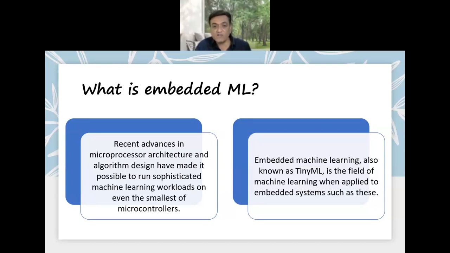Basically, we run our machine learning model on a small microcontroller. That is nothing more than the embedded machine learning concept. We call it tiny machine learning because it's a very small model which we run on the embedded system. We will see some use cases also.